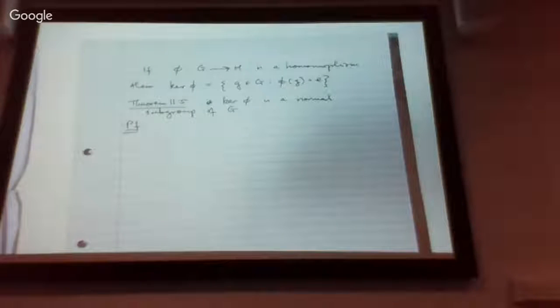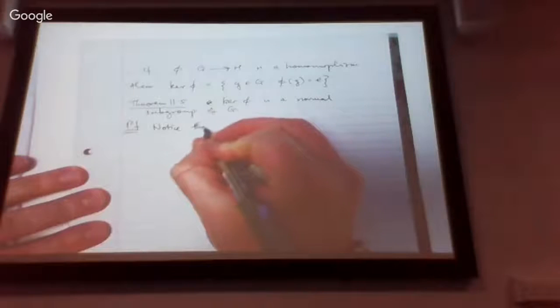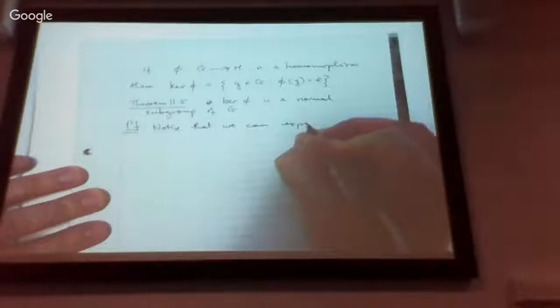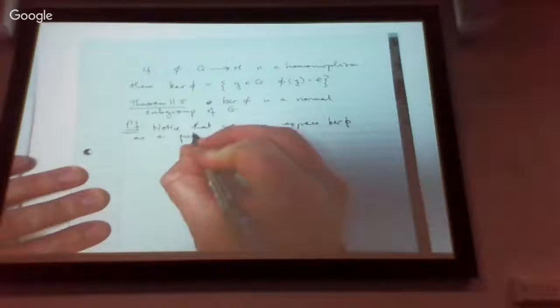We don't have to engage again with the definition of normality and look at combinations of elements. We've actually proved all the necessary steps for this already, because notice that we can express the kernel of phi as a pullback of a certain type.